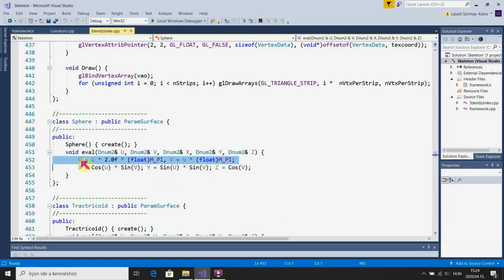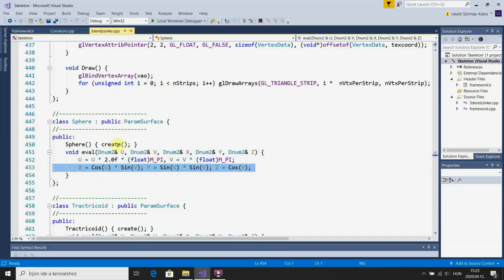We consider phi as u, the first parameter, but we have to transform the unit interval to an interval of length 2 pi, and we have to multiply v by pi in order to get the range between the North Pole and the South Pole. Having transformed these parameters, we use just the definition of the spherical coordinates and the formulae for how to obtain the x, y, z Cartesian coordinates from parameters.